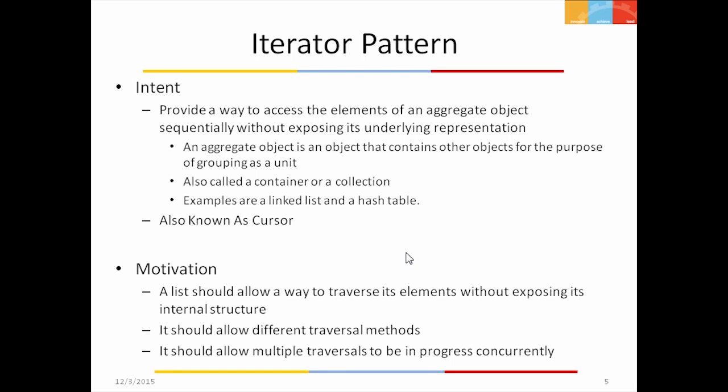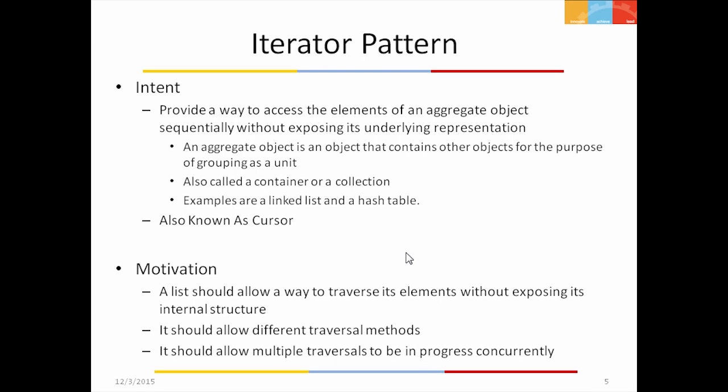So why do we need this iterator? If I want to use a list without knowing the internal data structure, then an iterator is possibly the only way. I can have a list or a set or anything, but it should allow a way to traverse its elements without really exposing how the list is created and how the traversal is done.